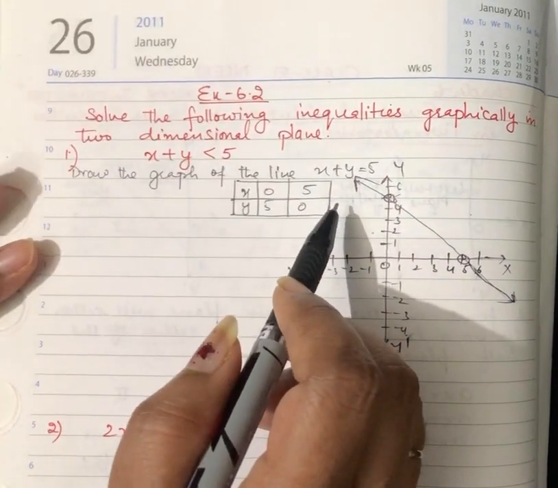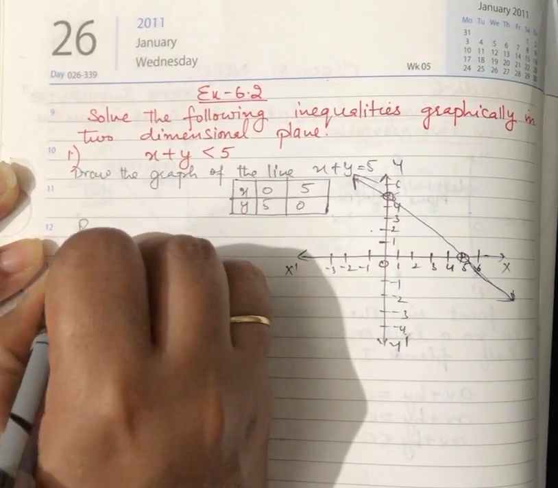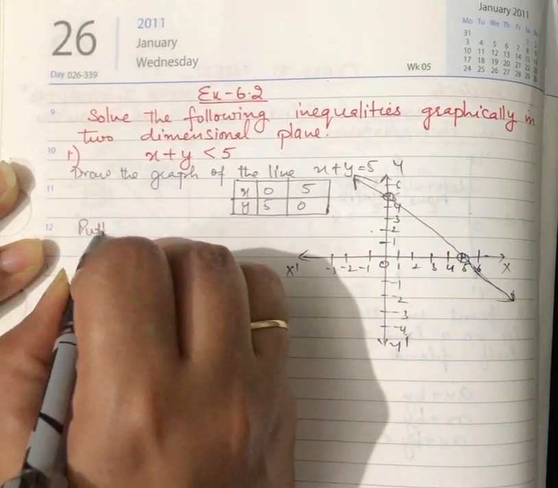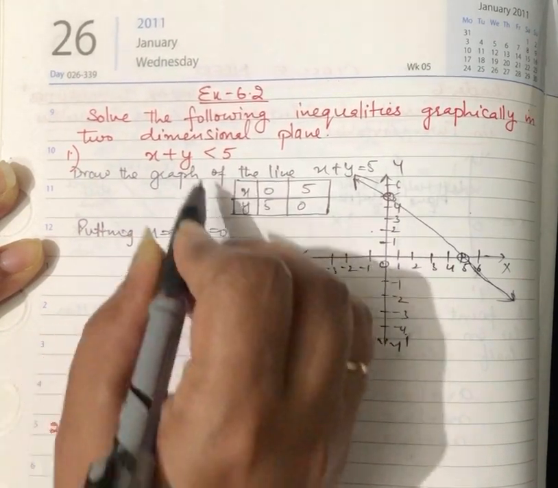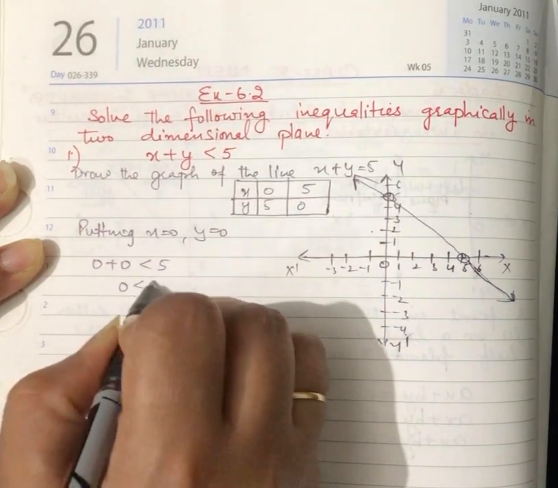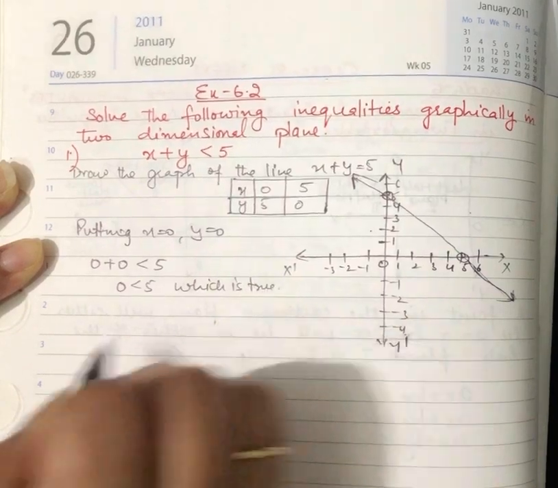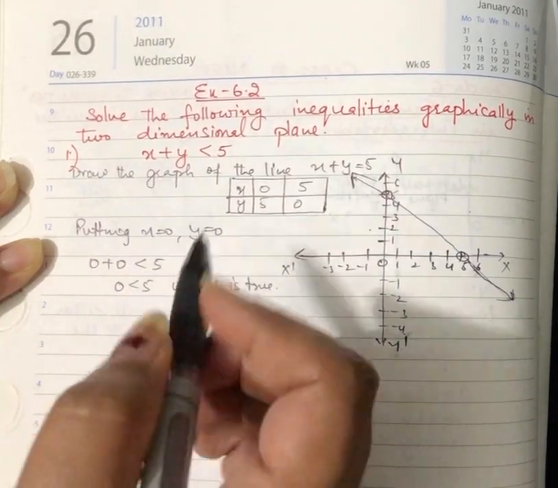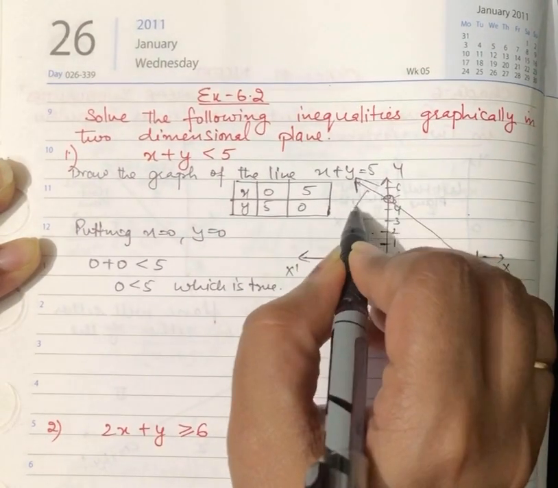Now how we will check which is our solution region? So what we do, putting x equal to 0, y equal to 0, what we get? 0 plus 0 less than 5, 0 less than 5, which is true. This is true. So our region will be towards origin. The solution region will be towards origin, that is here.